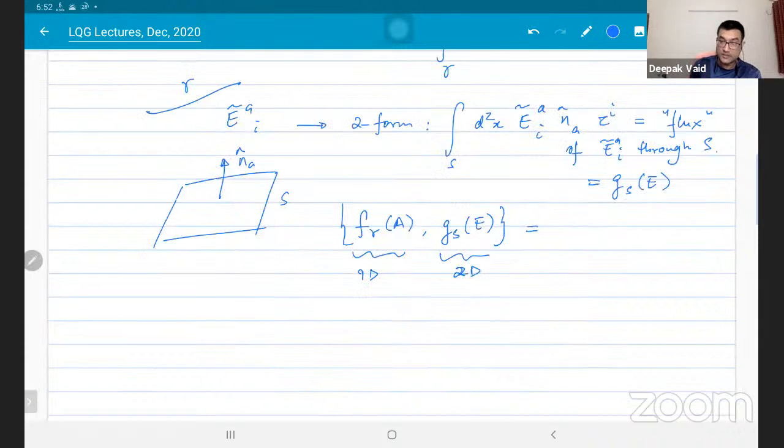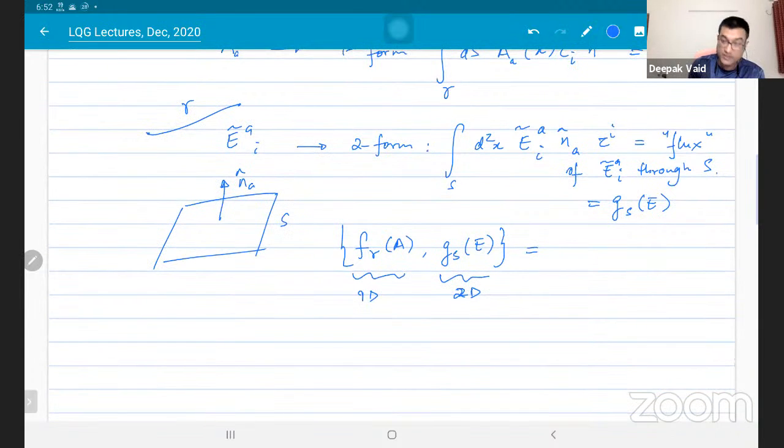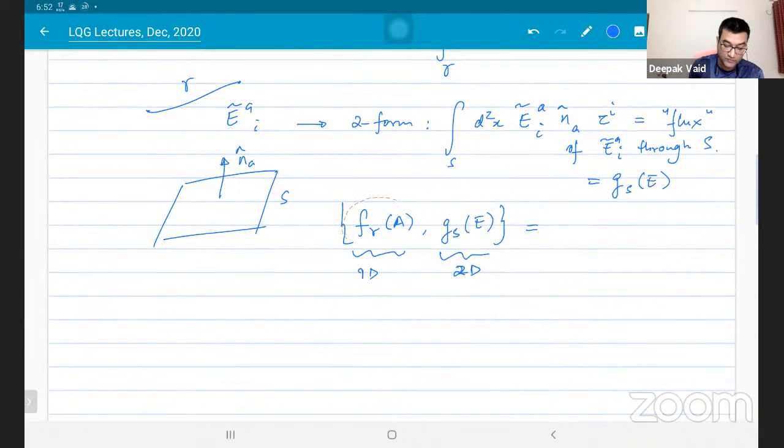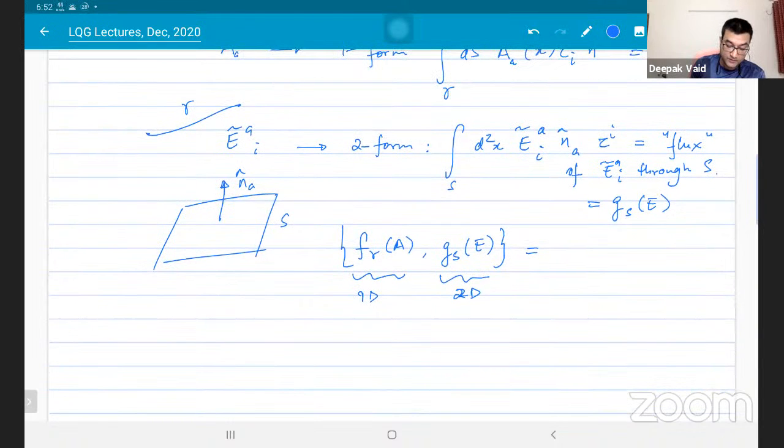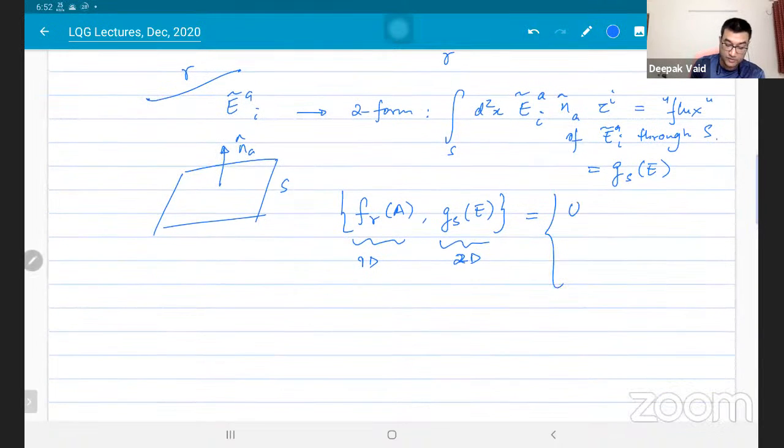Okay. So this and this has the following form. If you ask what is the commutator of these operators or these observables, you get something which is zero. So I will just define it geometrically.